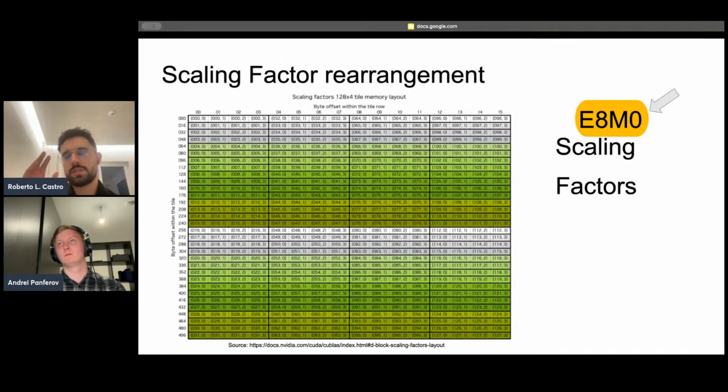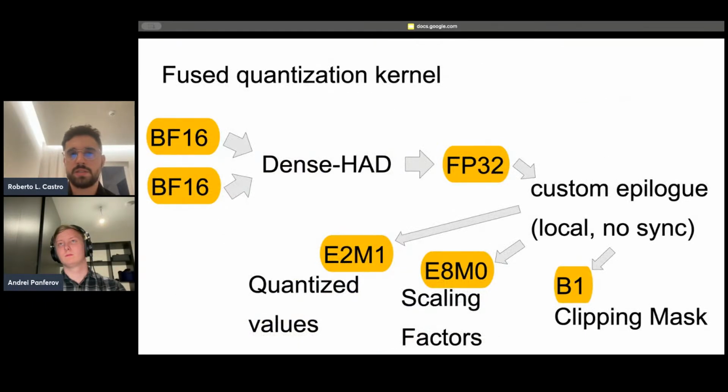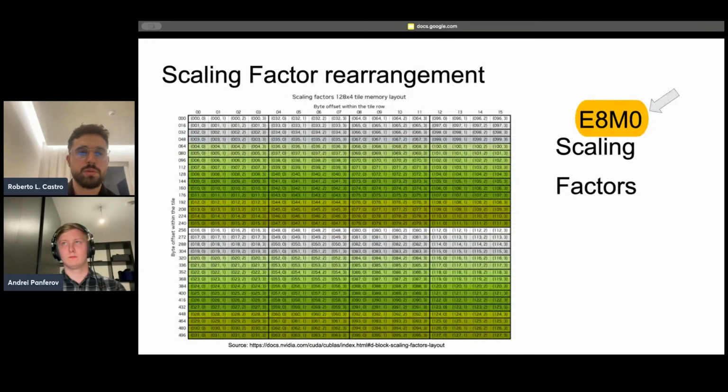Okay, so this previous slide just describes the fused quantized kernel that we have implemented. And right after this, before the matrix multiplication, we had to add an additional method that is this scaling factor rearrangement. This is not related to Quartet or to our implementation.